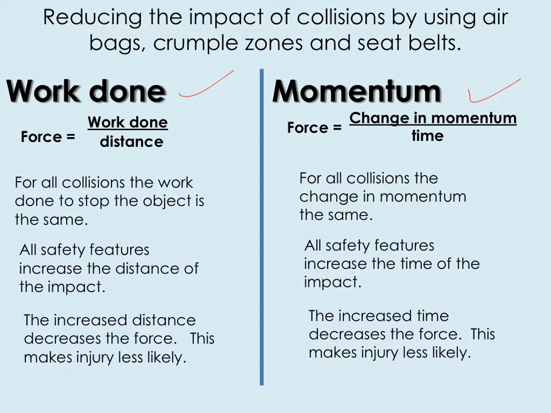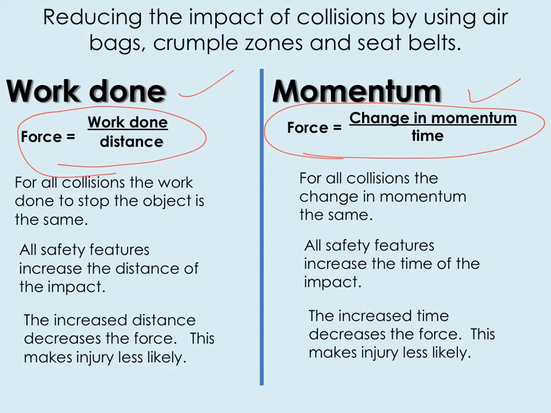Now, for your exam, you're not given the equation that force is equal to change in momentum over time, which is why we're going to explain it using two methods, because you are given the equation that work done is force times distance, or in this case, force equal to work done divided by distance.